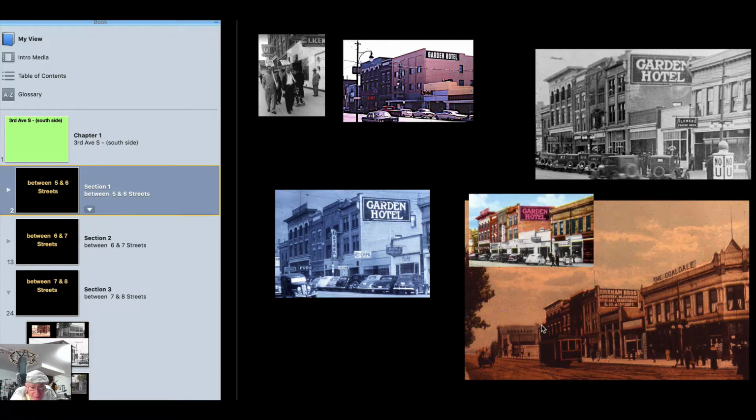This is possibly the earliest. Then you go here. Then you get the Garden Hotel, as you can see it. And you can see the Garden Hotel changes its look. Here it's got a sign. Here it doesn't have a sign. Then they remodel it.